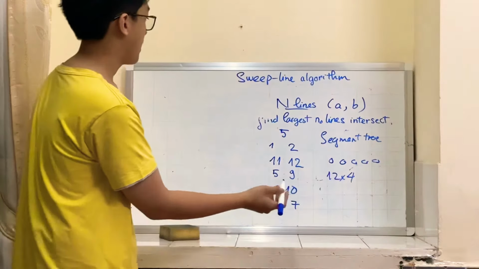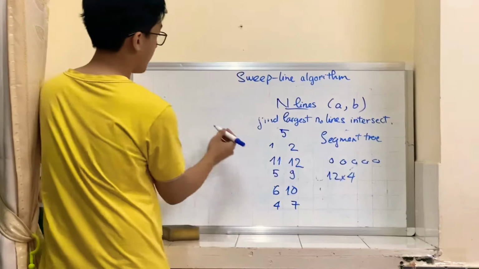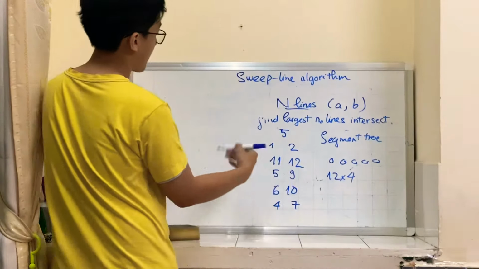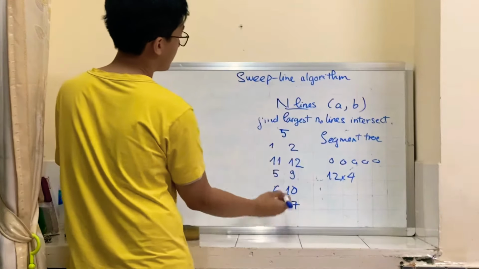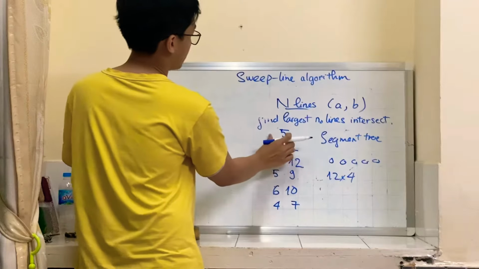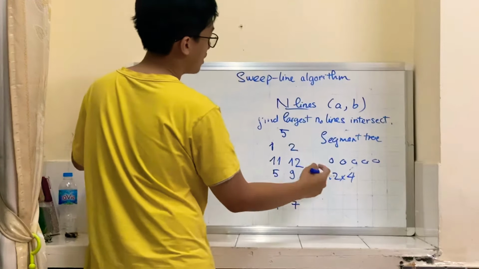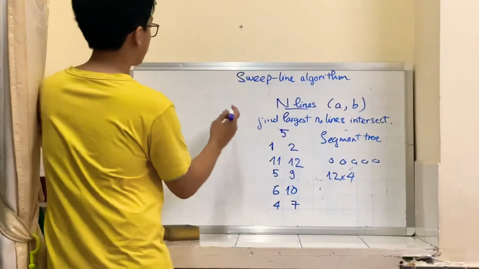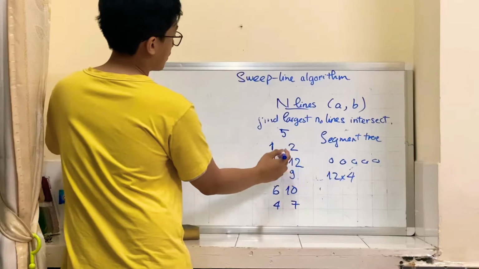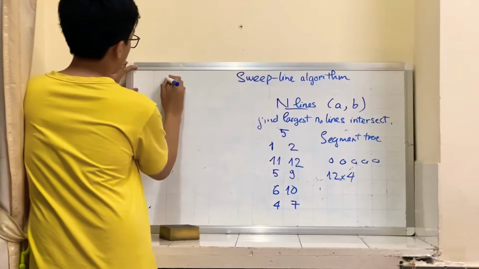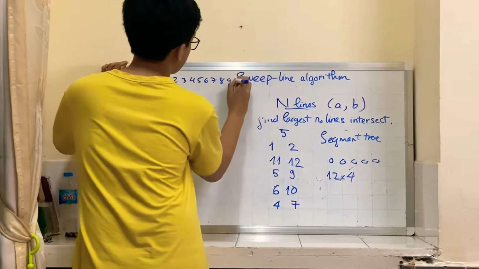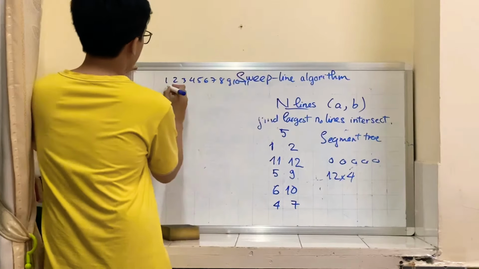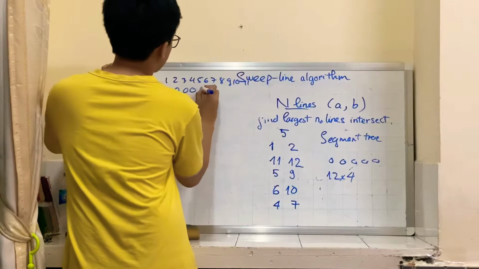For example, we have segment 1 and 2, so we set the segment, like 1, 2, 3, 4, 5, 6, 7, 8, 9, 10, 11, starting with 0, 0, 0.